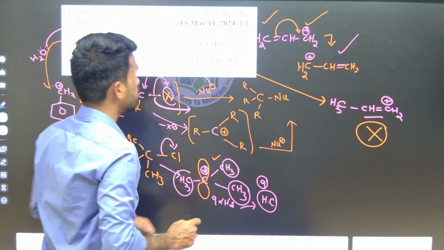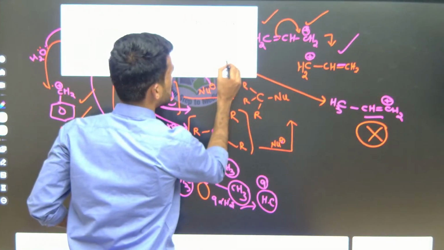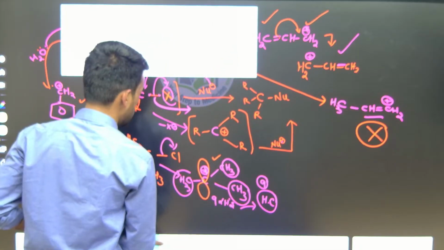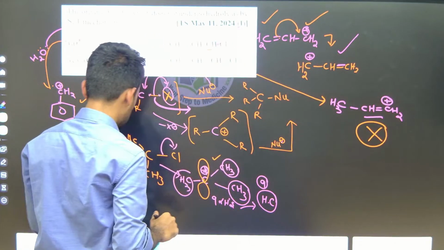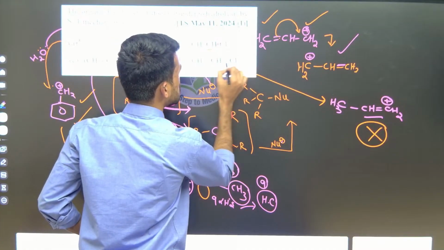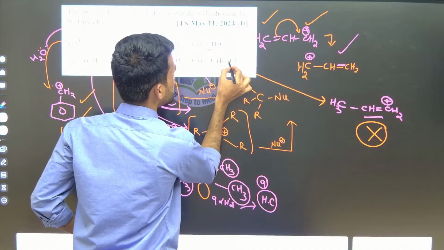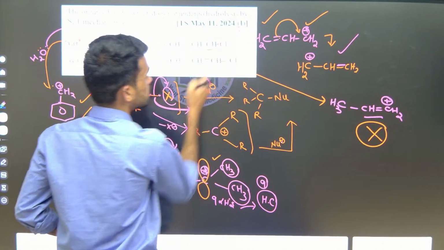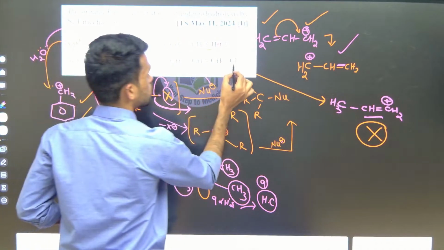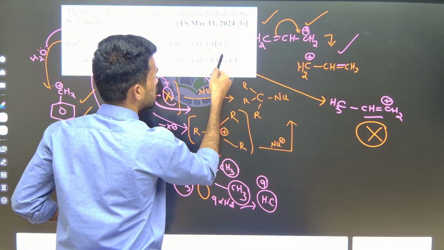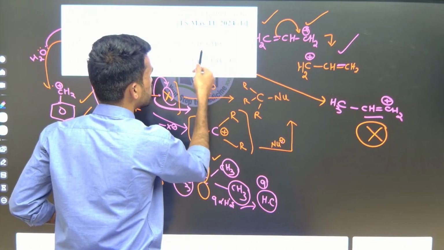Why won't they form? Instead of chlorine taking this electron, the lone pair electrons on the chlorine itself are in conjugation with the pi electrons, because the lone pairs, sigma bond and pi bond are in alternate positions.